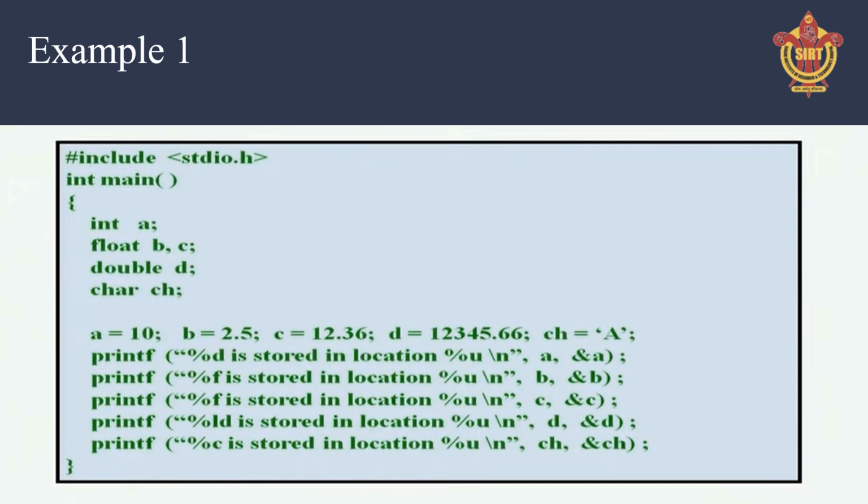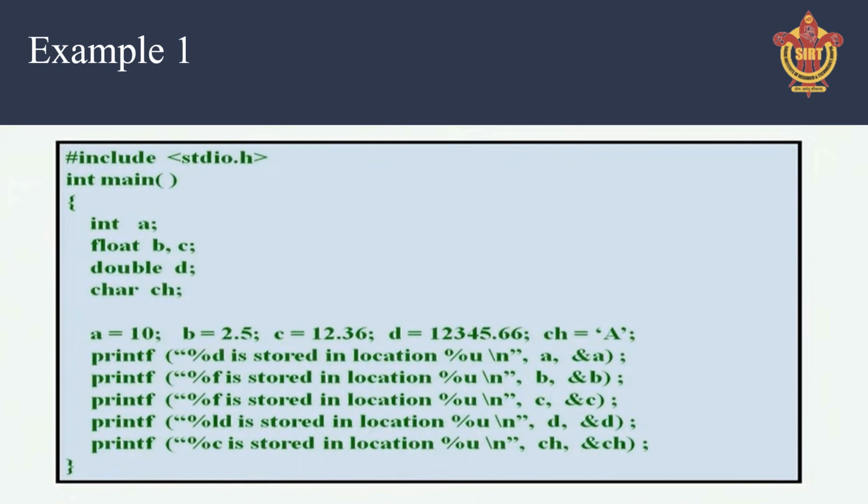B is 2.5, which is a float variable. C is also float, so we are initializing it with 12.36. Now d is a double variable, so we are giving this value to the d, and a character variable, capital A, is stored in the ch variable.